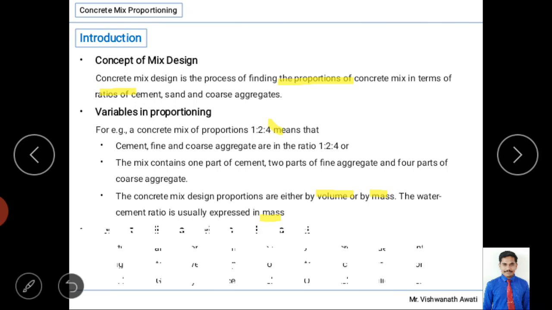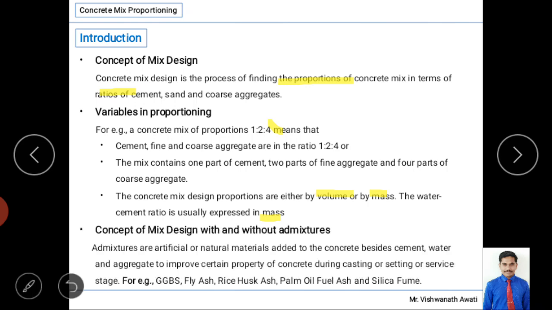I think you understood. Next is the concept of mix design with and without admixtures. With admixtures means with the help of something like fly ash. We already studied what admixtures are. There are two types, chemical admixtures and mineral admixtures, but here they mainly consider mineral admixtures. Why use them?